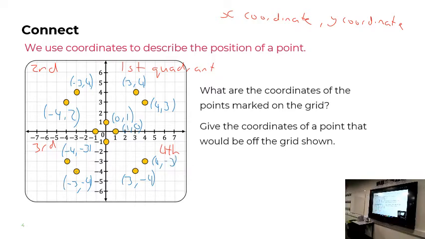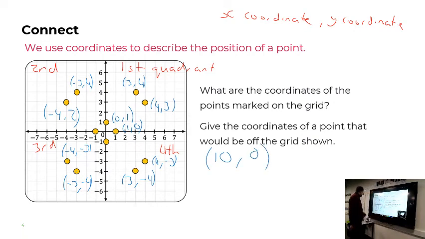Now we want to find the coordinates of a point that would be off the grid. It looks like the x values go from negative 8 to 8, so you can choose anything outside that range. I'm going to choose my x value to be 10, and your y value could be anything, so just put 0.